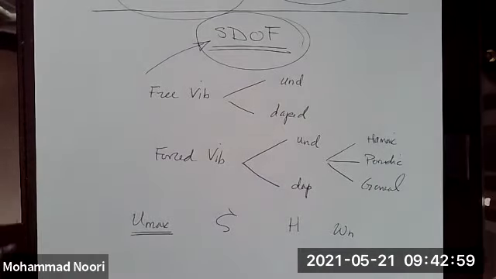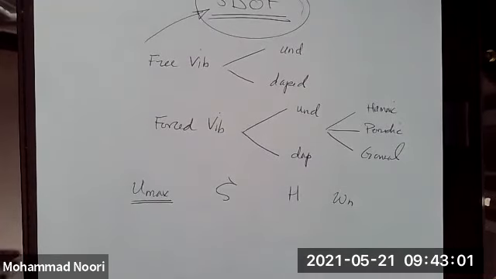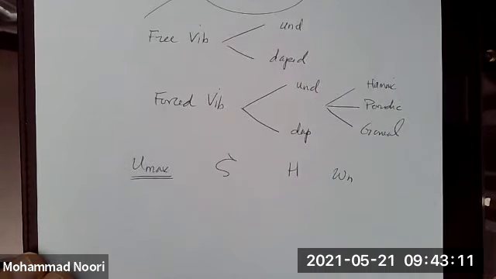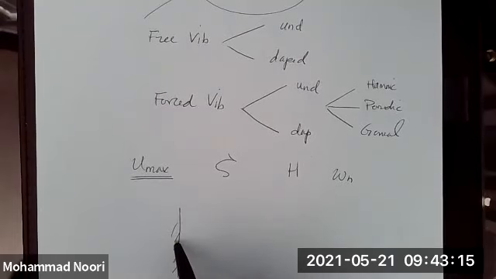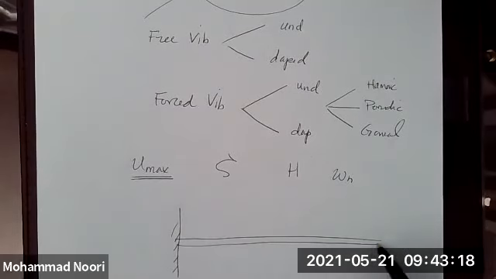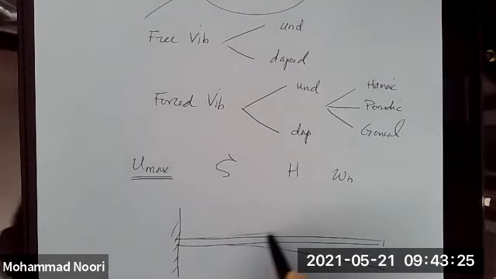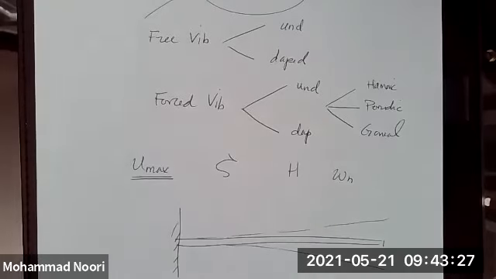But the basic premise for modeling a system as a single degree of freedom system was that you could think of a system that is vibrating, its displacement shape is analogous to a static displacement shape, with very small deformation.